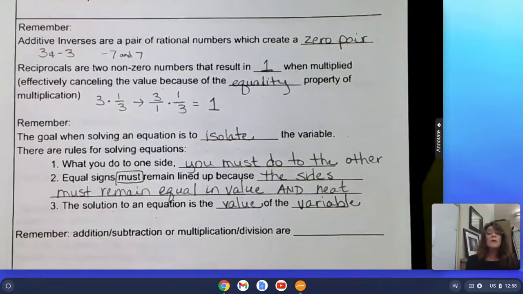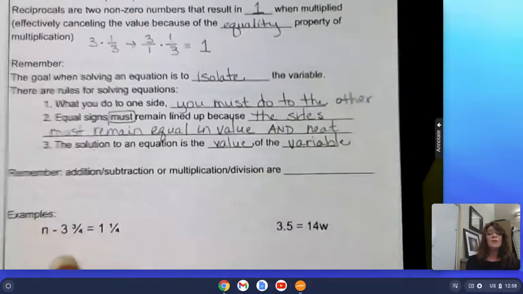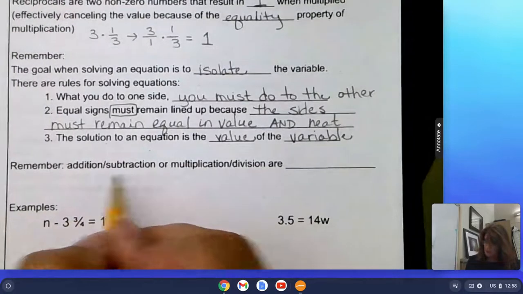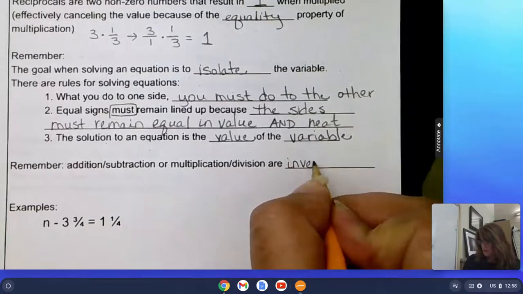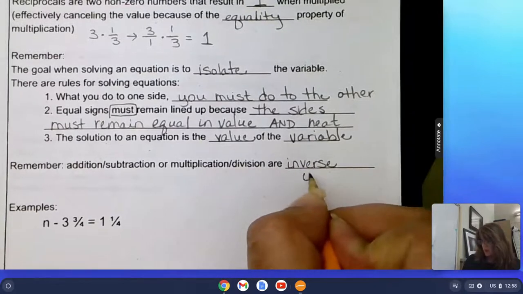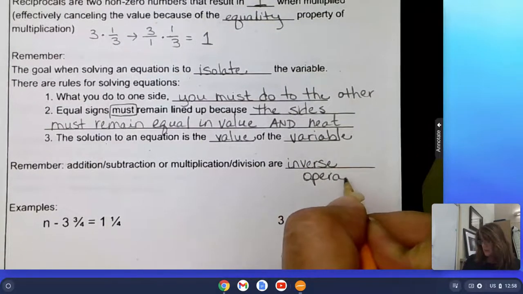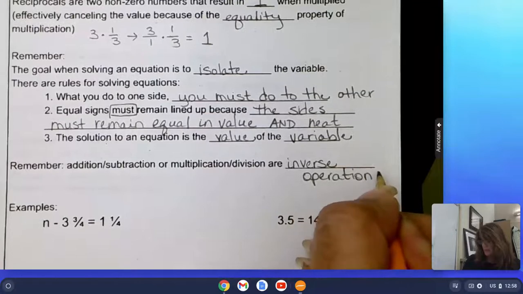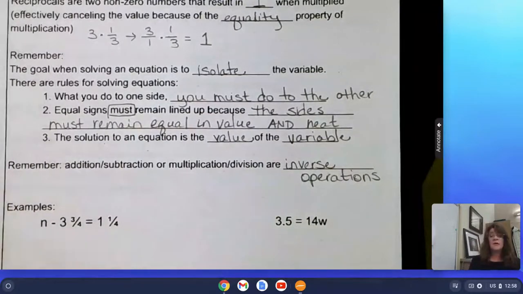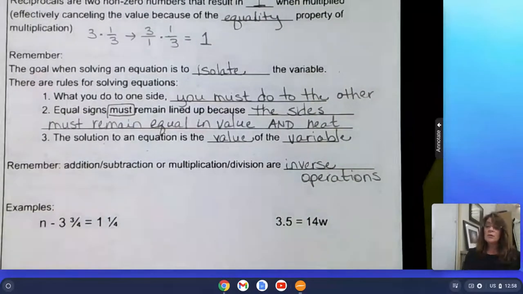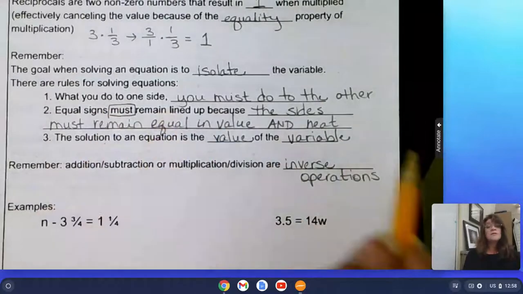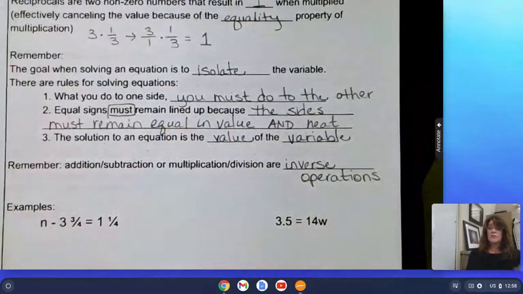Okay. I want you to also remember that addition and subtraction, or multiplication and division, are inverse operations. Okay, a lot of vocabulary here, but it's all there to just remind you of the things that we've done before. Okay, none of this is new, at least for our class.